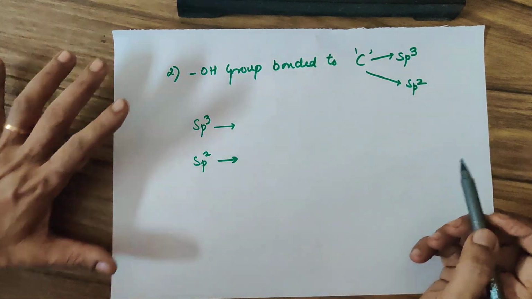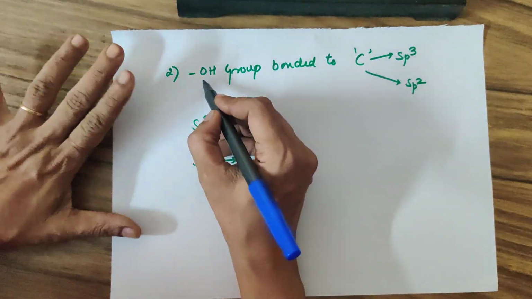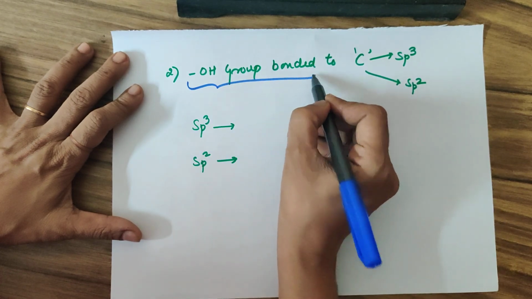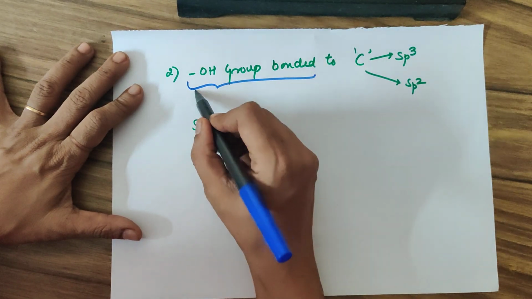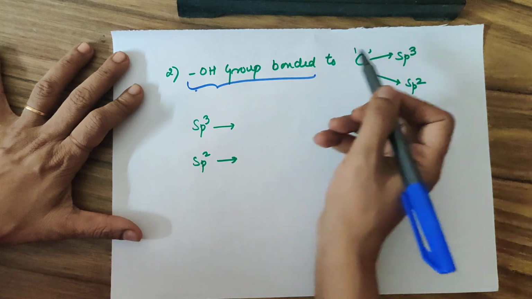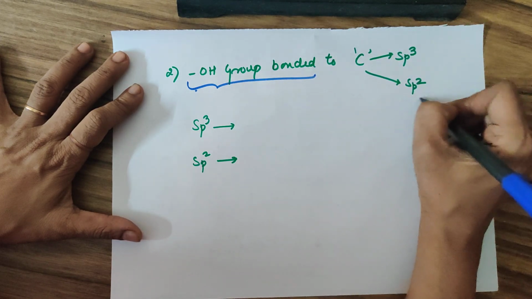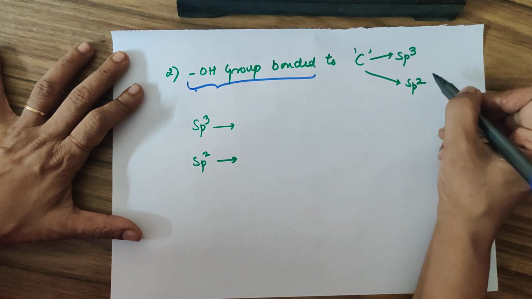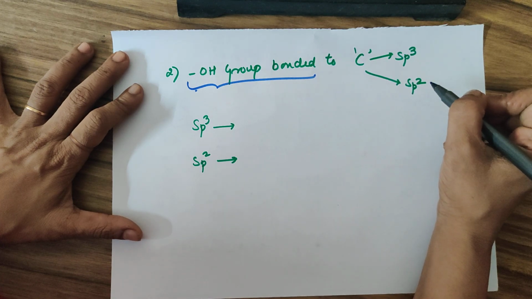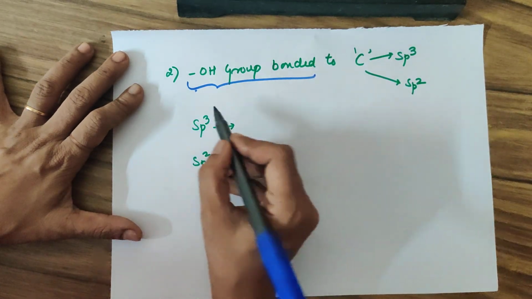Moving to the next category of classification. Now this particular category depends on the carbon to which the OH is bonded. The carbon can be sp3, it can also be sp2. These are the 2 main ways of classifying the alcohols. What is an sp3 carbon?